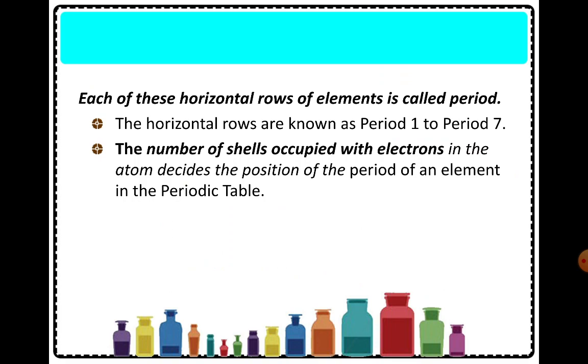Okay, each of this horizontal row of elements is called period. Kita panggil tadi kan, horizontal row. Kalau group vertical column, jangan beza. Column is lajur, row kalau dalam bahasa Melayu dia baris.